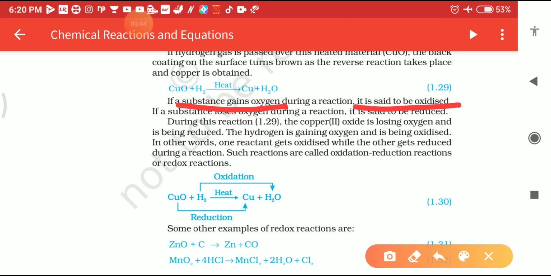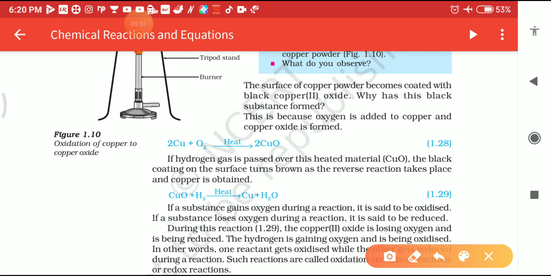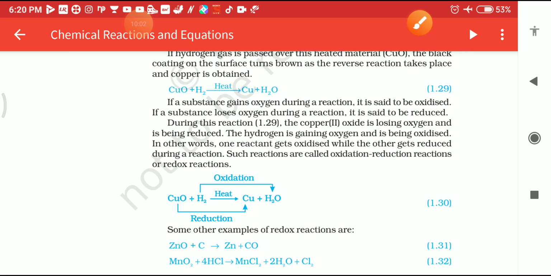Why is copper oxidized? You will see here copper comes in contact with oxygen, then it forms copper oxide. Then we can say that copper is oxidized here.